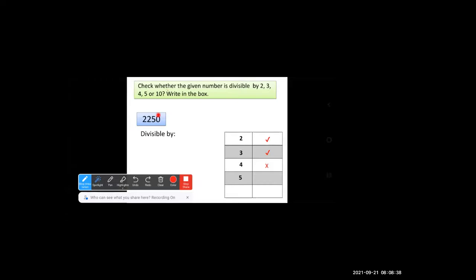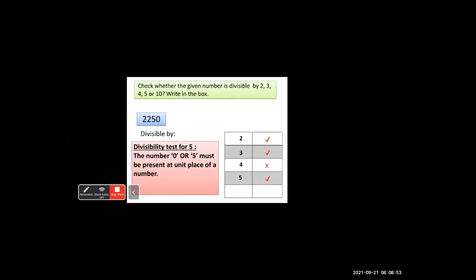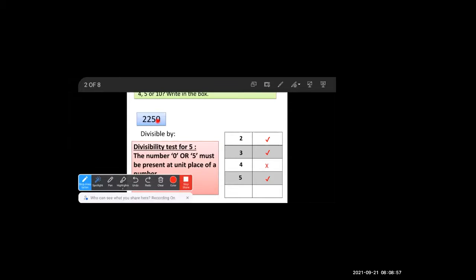Here, if you see the unit place, 0. The unit place should have either 0 or 5. If the unit place has 0 or 5, only then we can say that the number is divisible by 5. Correct? The number 0 or 5 should be present at the unit place. Very good, dear.